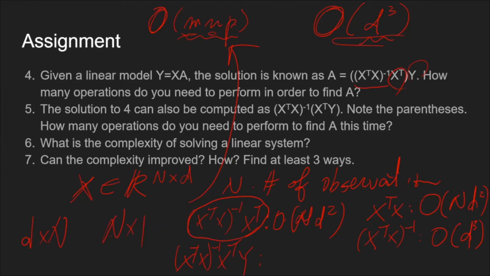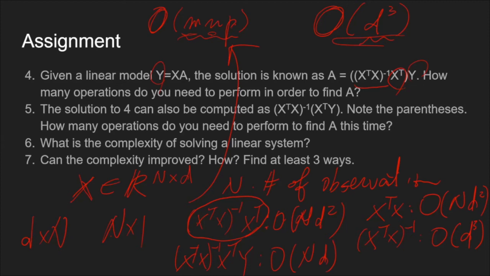Let's just consider y as a 1 column vector. So in that case, the complexity of this operation is going to be O of nd. Okay, so far so good.